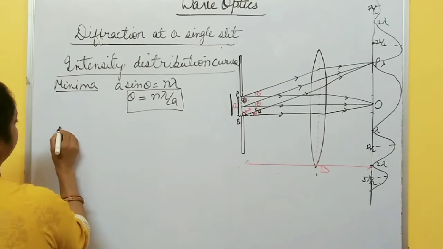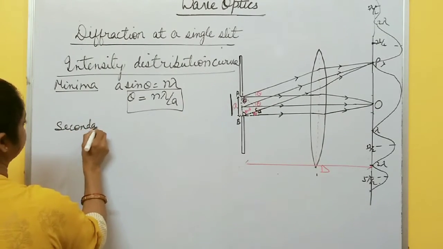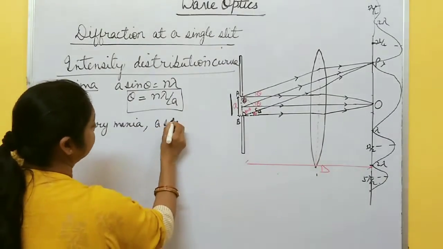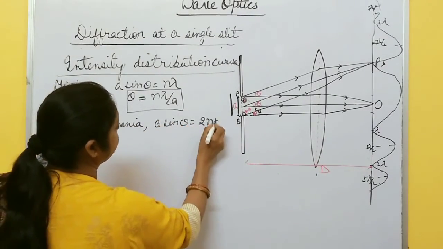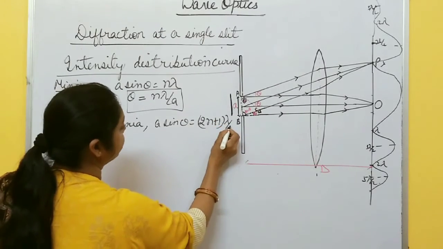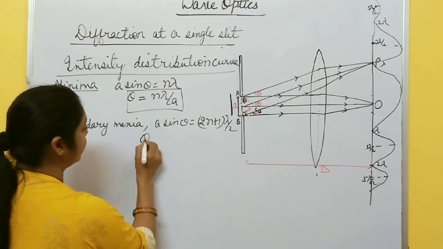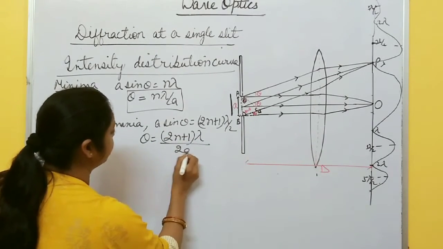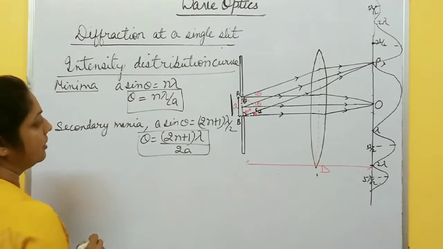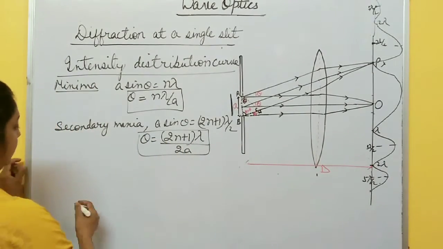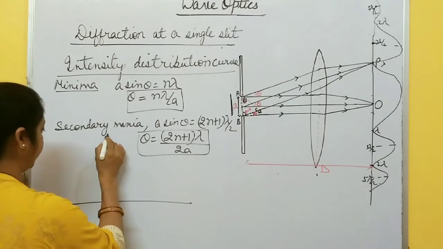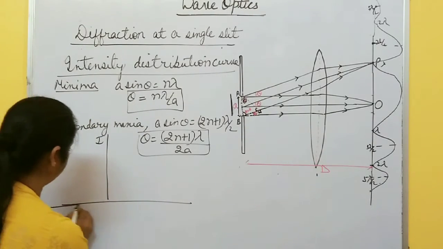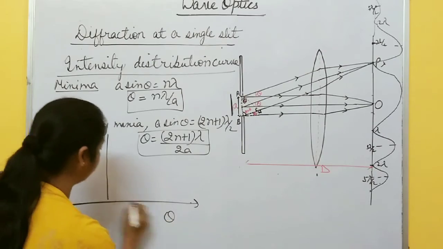Then again, for secondary maxima, a sin theta equals (2n+1) lambda by 2. So when theta is small, theta becomes (2n+1) lambda by 2a. So using this one, we are going to draw the intensity distribution curve, right? This side is the intensity of maxima and minima, and this side, the x-axis, is the angular position theta.